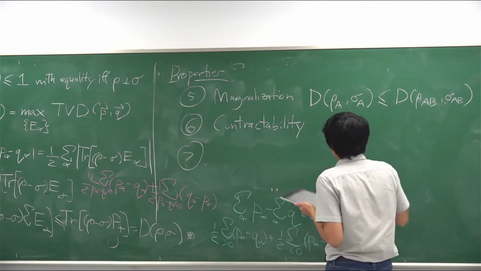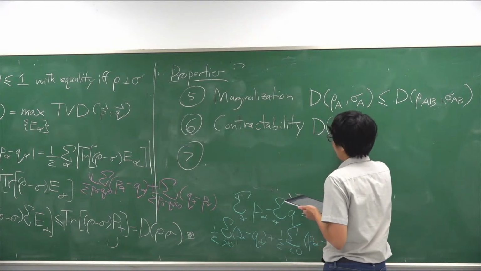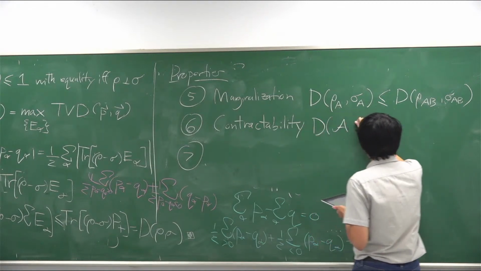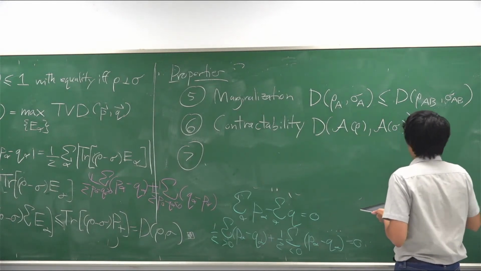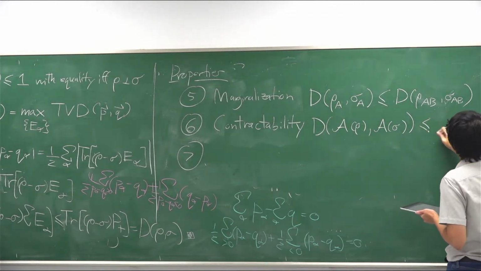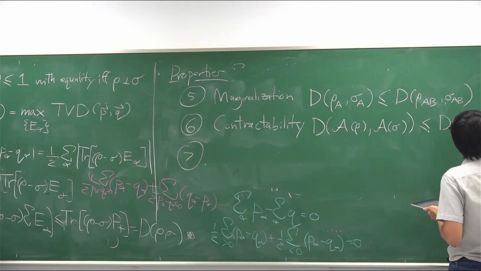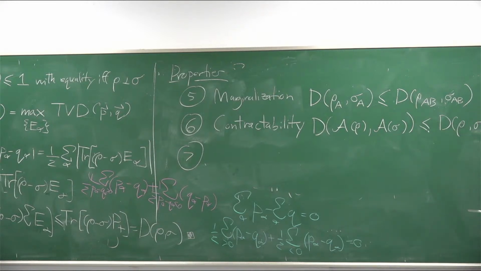Then this one that I just talked about would be property 6. Under any quantum operation, the distance decreases, or stays the same. It just cannot increase.